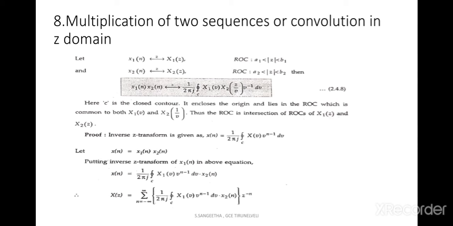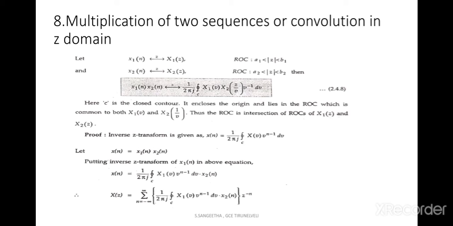Next is the multiplication of two sequences, or convolution in the Z domain. Here x1(n) has the z transform capital X1(z), and x2(n) has the z transform capital X2(z). Then x1(n) x2(n) has the z transform (1 by 2 pi j) integration of X1(v) X2(z by v) v to the power minus 1 dv.